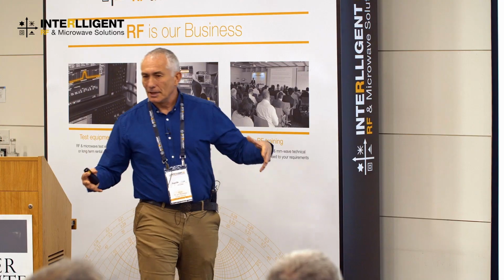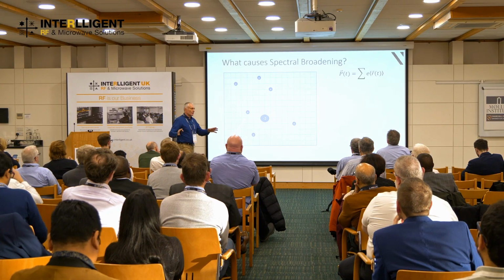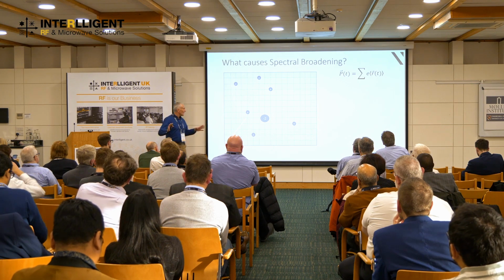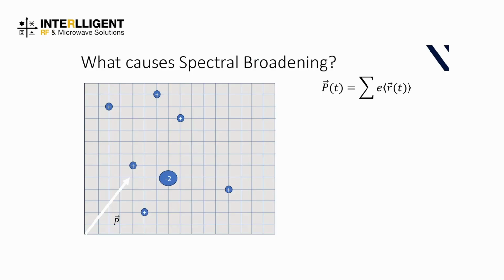So what is that broadening? Why does it happen? I've warned you that I was going to throw some physics inside, and here it is. But I'll try and make this simple. Now, look at this. This is an idealization. I've got a bunch of positive and negative ions inside there. If I sum up from this origin point their positions multiplied by their charges, I'll get a figure, and it will be basically this vector.